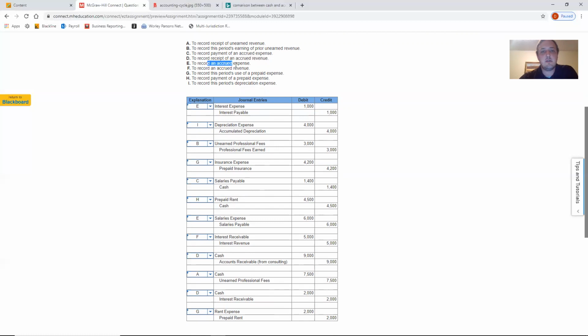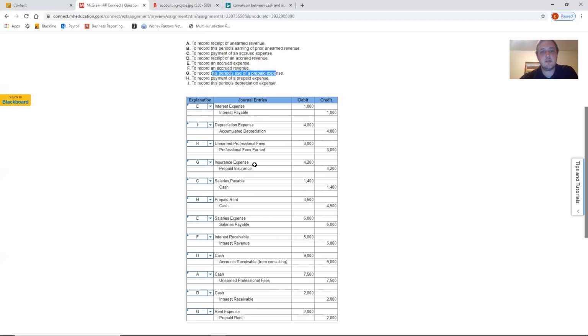To record the accrued expense, so we're going to increase interest, increase the liability. To record accrued revenue, increase the AR, the receivable, asset, increase the revenue, credit. Use of prepaid expense, so we're going to be increasing an expense and we're going to be decreasing an asset.